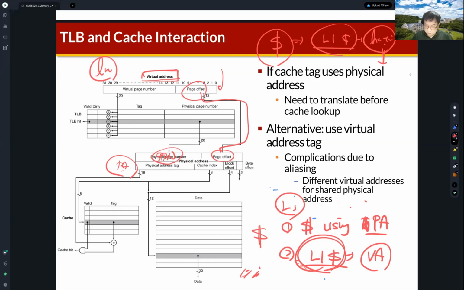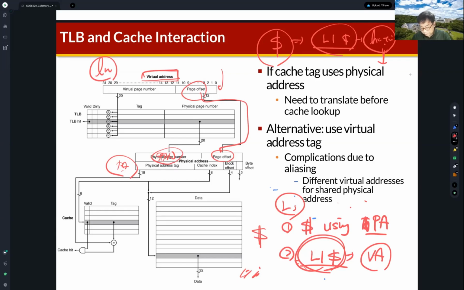Memory spaces are managed by the operating system using the page table. The virtual memory concept has many benefits. Even though recently we use a very large DRAM, virtual memory space still has many benefits. That's why we use virtual memory.